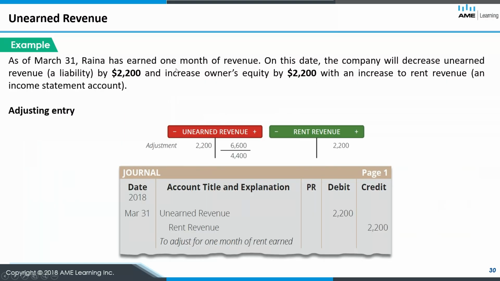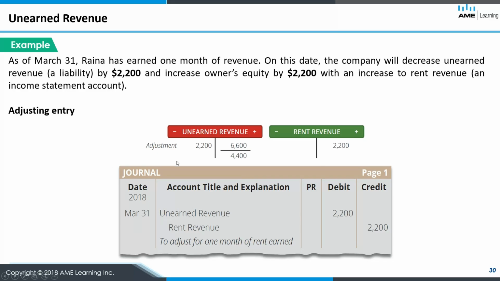After 1 month, we go in, we analyze, and we say, okay, the tenant moved in on March 1st, and now it's March 31st, so one of these 3 months is now gone. We need to convert 1/3 of that unearned revenue liability into actual revenue because we've now earned it since they've stayed there for that first month. And this is the journal entry to do that.